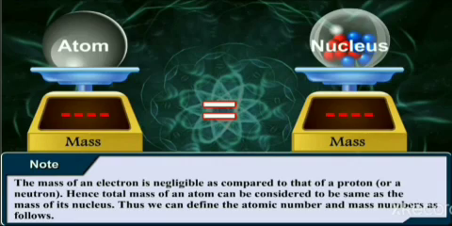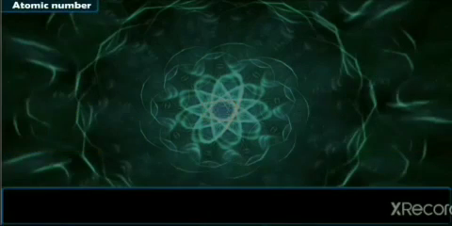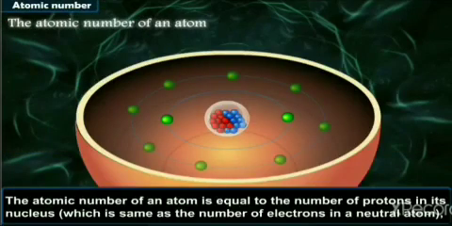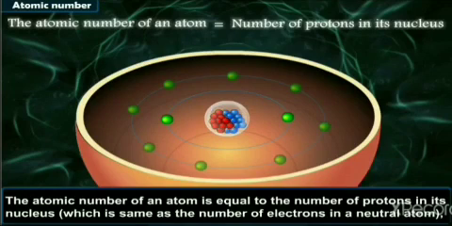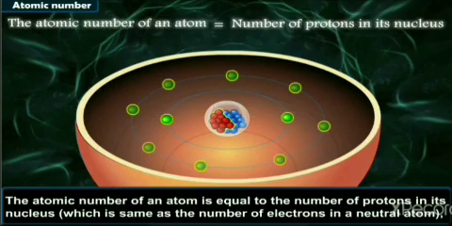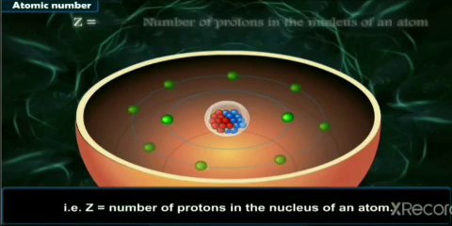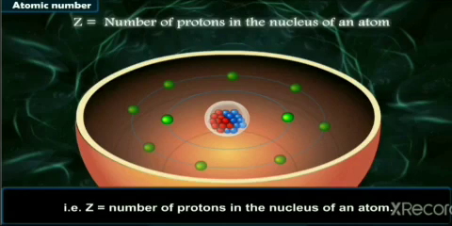Thus, we can define the atomic number and mass number as follows. Atomic number. The atomic number of an atom is equal to the number of protons in its nucleus, which is the same as the number of electrons in a neutral atom. That is, Z is equal to the number of protons in the nucleus of an atom.